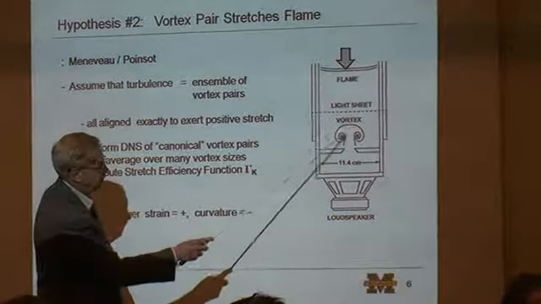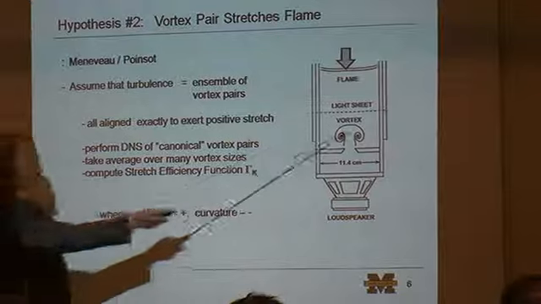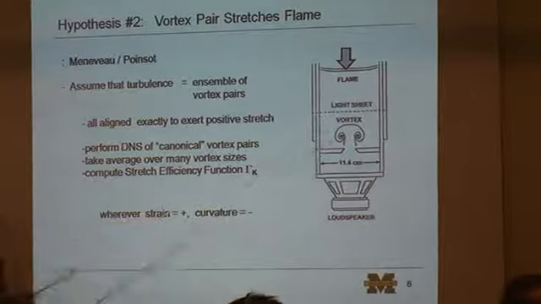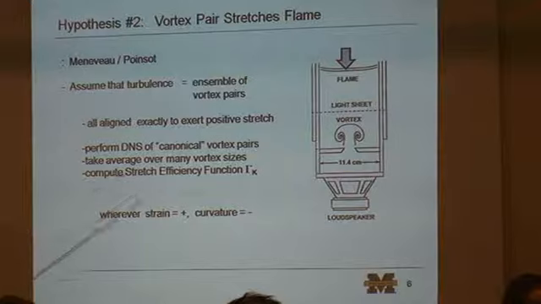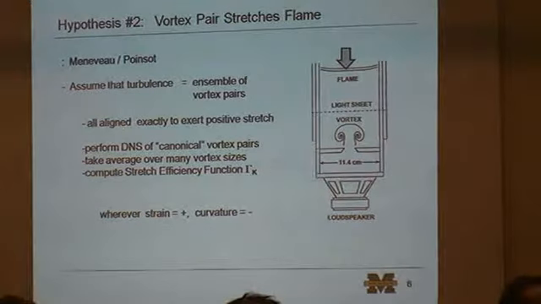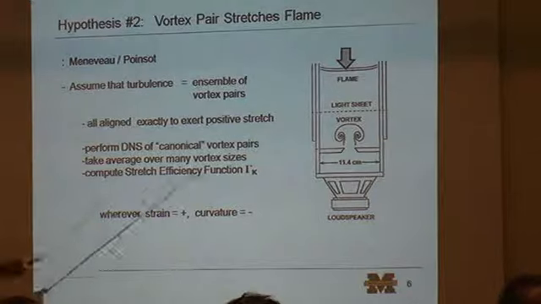Not all of turbulence is this either, but in the work of Meneveau and Poinsot, they assume that all of turbulence is this. Obviously that's a gross assumption, but they simulate this with DNS for many different scales, and put together what they call a stretch efficiency function.